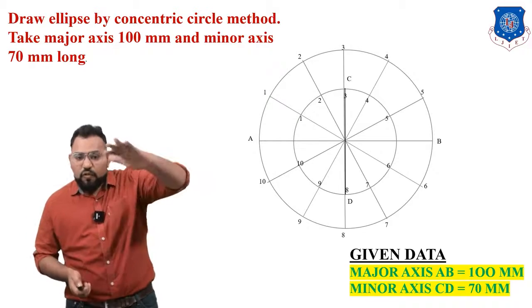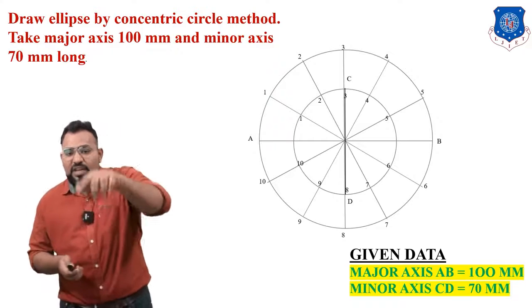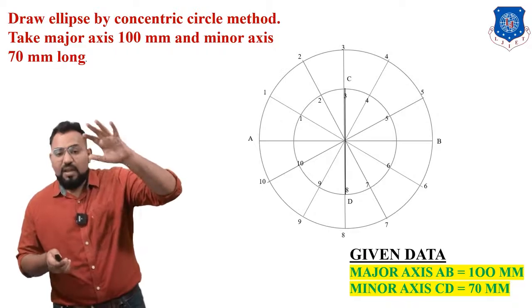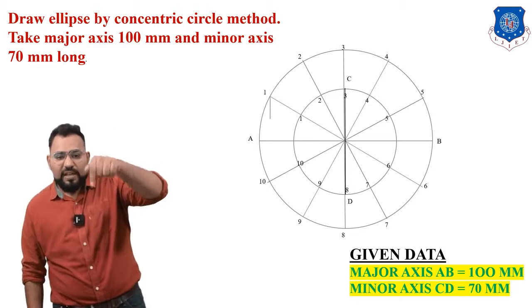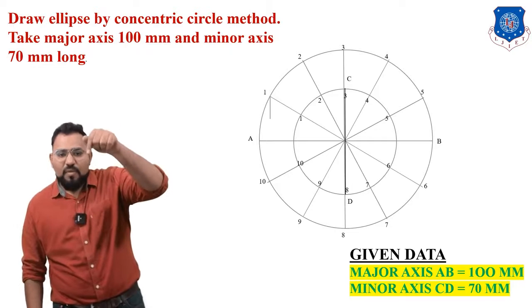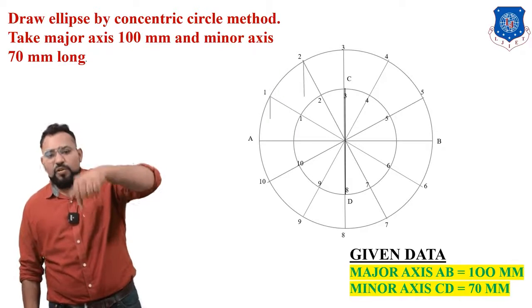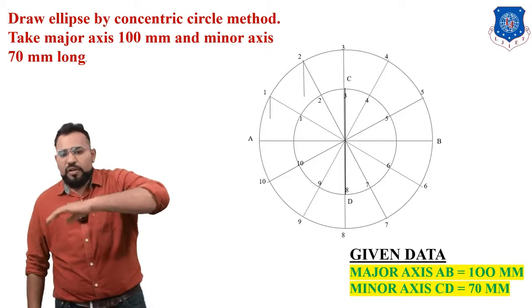Now what are we going to do? From the bigger, outer circle, from each division we are going to draw a vertical line. In the upper part of the big circle, from each division we draw a vertical line in downward direction. From 1 I will draw a vertical line downward, some random distance. From point 2, a vertical line in downward direction. From point 3 I would draw a vertical line downward, but those are going to coincide, so no need to draw that.